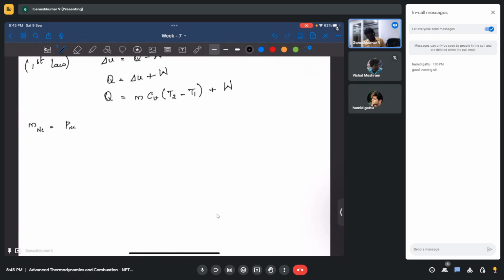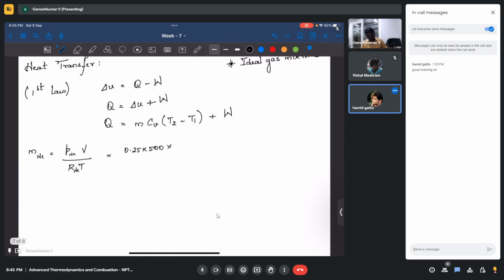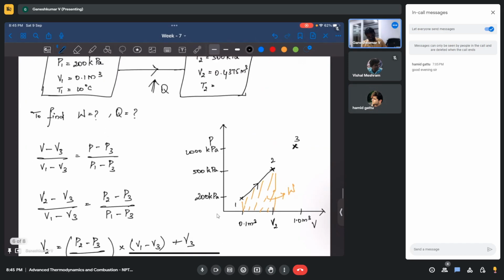So P into V, with neon, as I said, is going to be the partial pressure. Partial pressure we know it's going to be 0.25 times 500. And V, we know the temperature at the initial state, so let's use the initial V itself, 0.1.